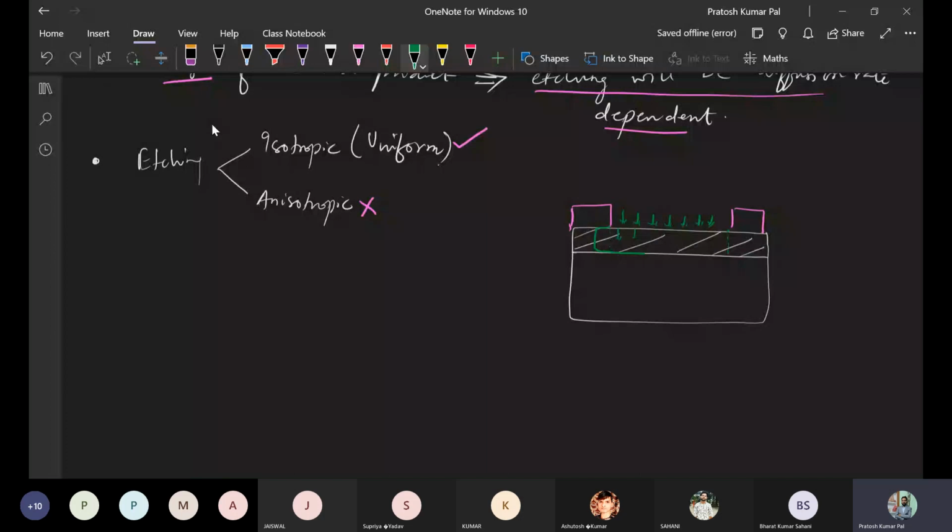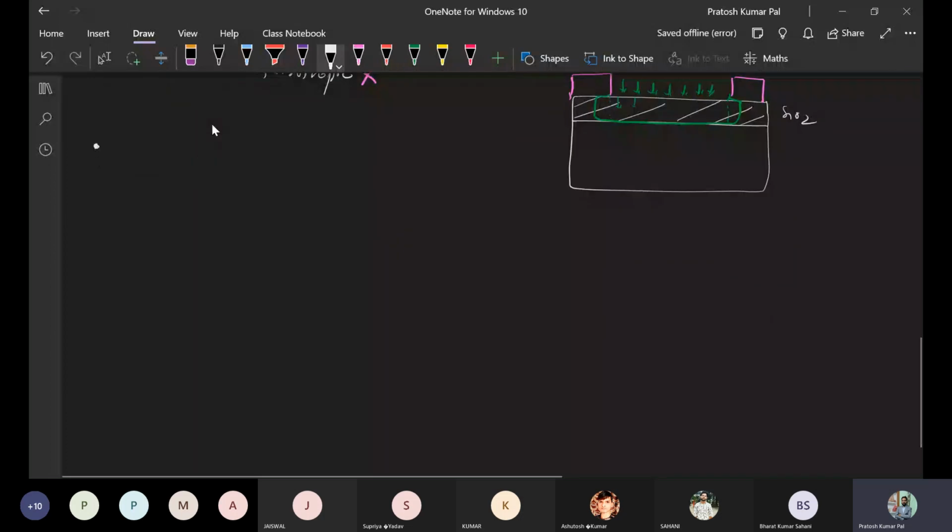When the product is available here, the chemical cannot cross this product and go to the next layer for etching. So there is a continuous removal of the byproducts that are available after the reaction.